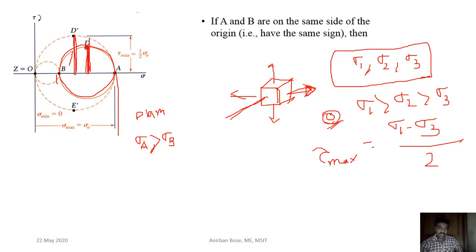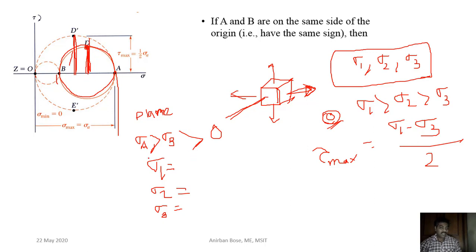Now in this plane stress situation, what is sigma 1, what is sigma 2 and what is sigma 3? Assume that both sigma A and sigma B are more than 0.